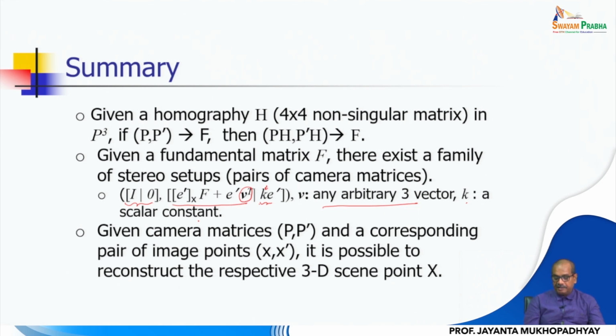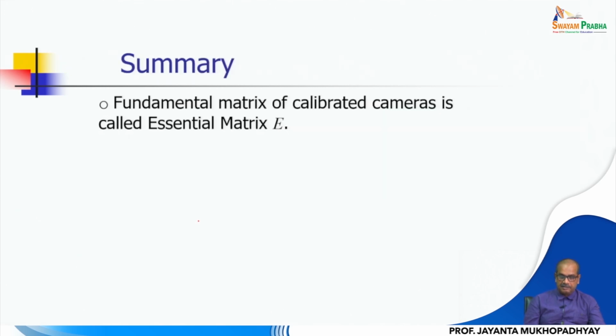And given camera matrices P, P prime and a corresponding pair of image points x and x prime, it is possible to reconstruct the respective 3D scene point X. Similarly, the fundamental matrix of calibrated cameras is called the essential matrix, and the essential matrix can be reduced into this form with this camera setup.